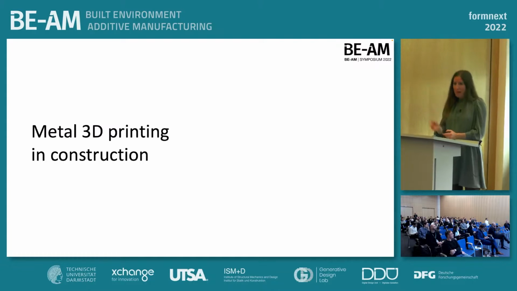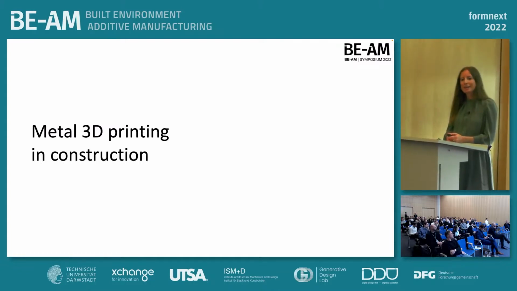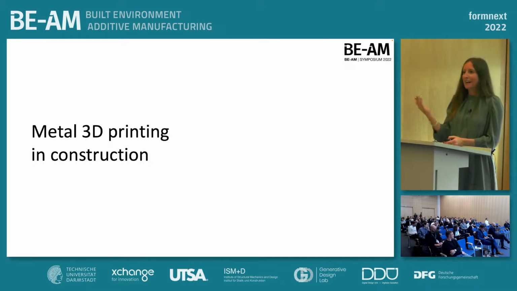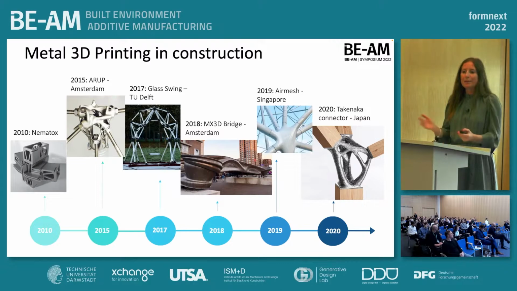I will move very quickly to give you an overview of metal 3D printing in construction. I know that most of you may already know that. Over the last decade, metal 3D printing in construction was paving its way first for small connections and very few details in high-end, high-appealing architecture applications.